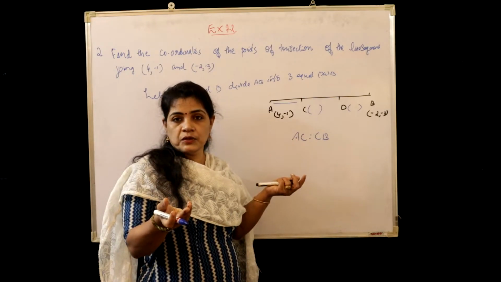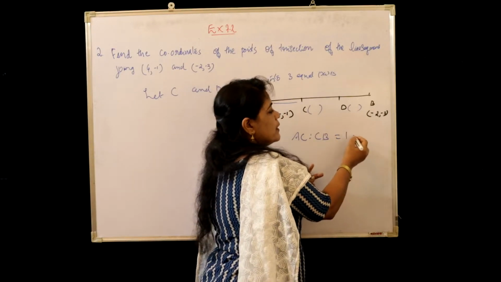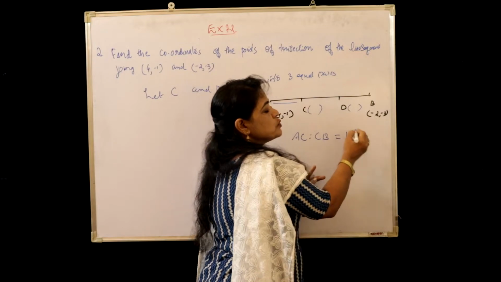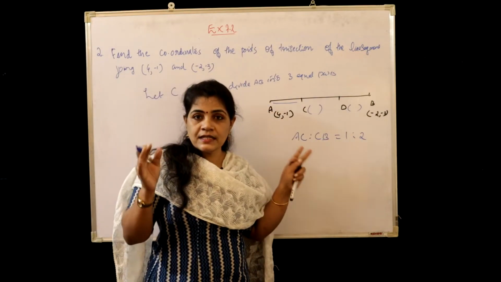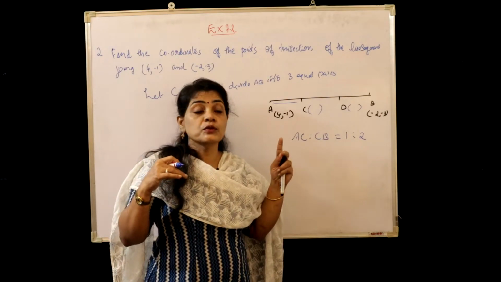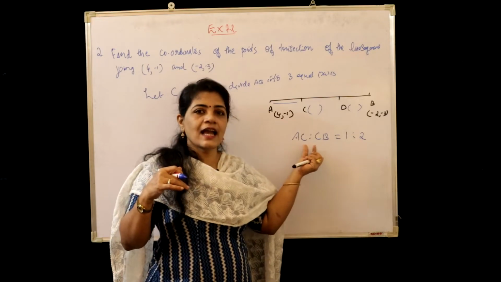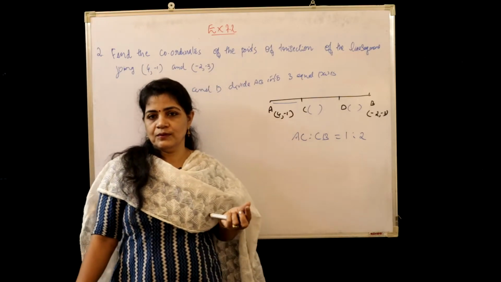AC is 1 out of these 3 equal parts, and CB is 2. So because of point C, line segment AB is divided into AC and CB in the ratio 1:2.